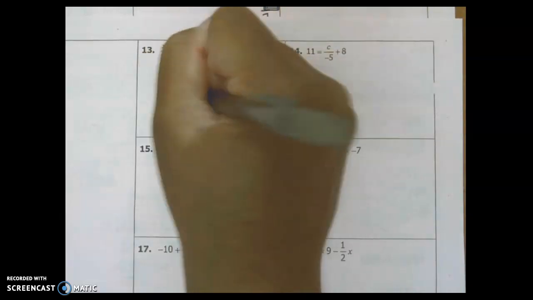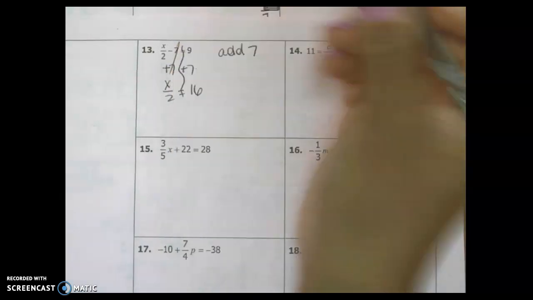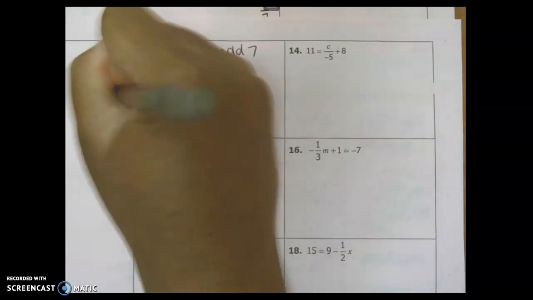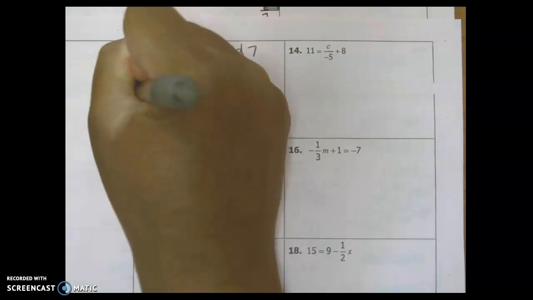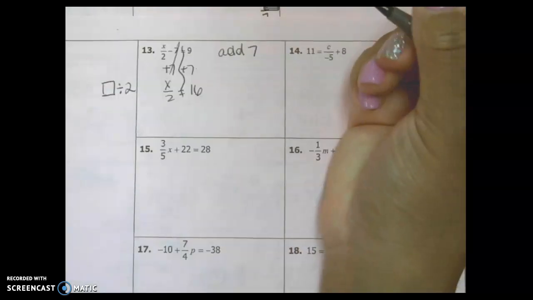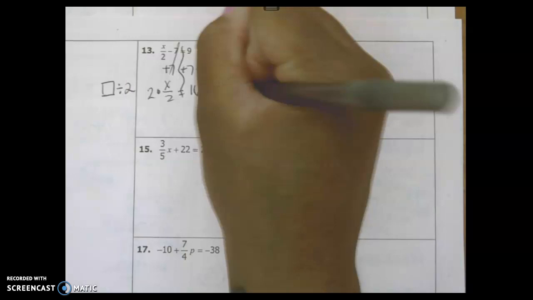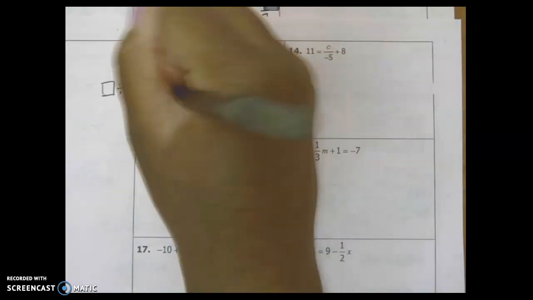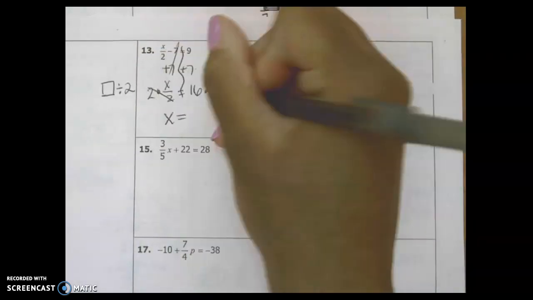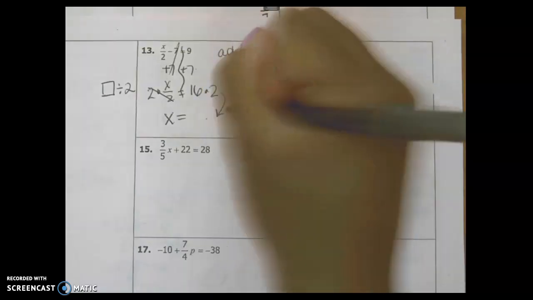X over 2 equals 9 plus 7, which is 16. That means some number divided by 2 is 16. In order to undo division, I have to multiply both sides by 2, cancel out. X equals 16 times 2, and the answer goes here.